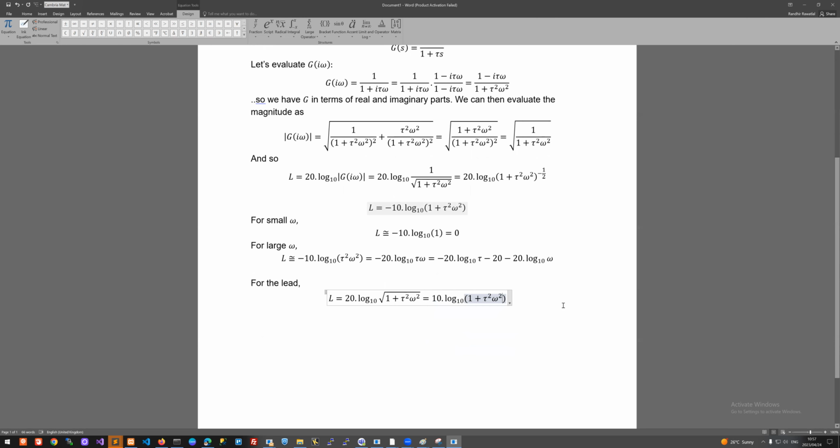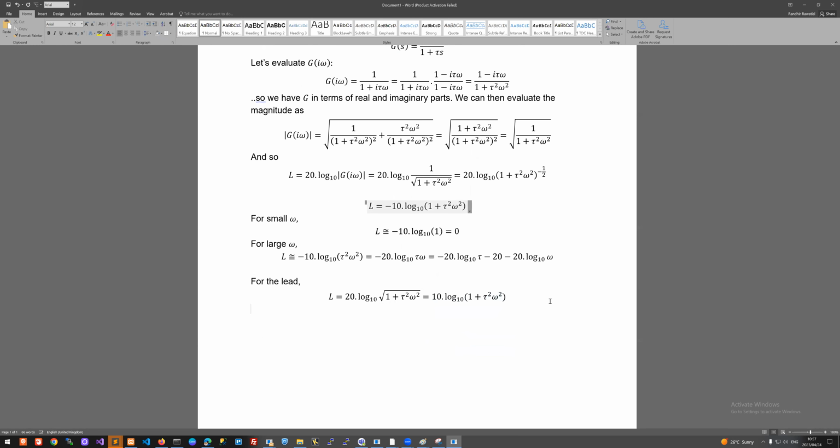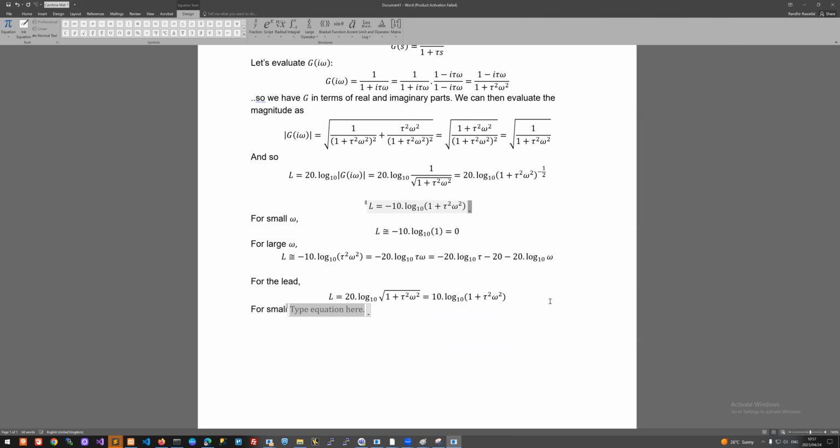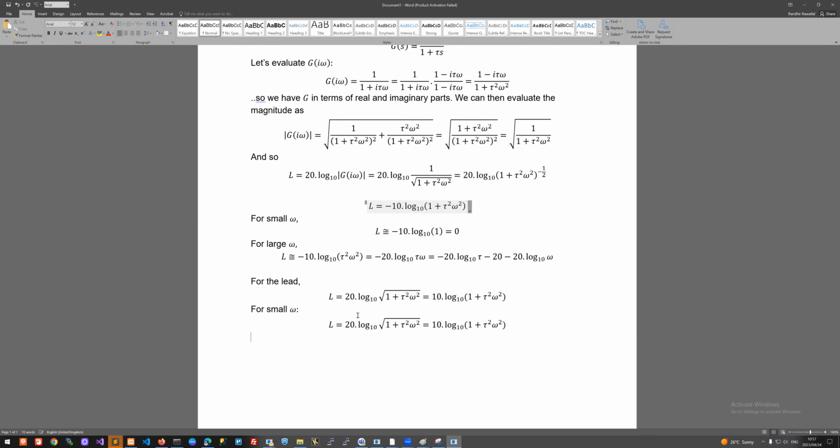And then again, we can say for small omega, we have the equation looking like this. It's going to be L is approximately equal to, and yeah, for small omega, this part will vanish. And so this equals 0. So again, we are getting 0 for small values of omega.